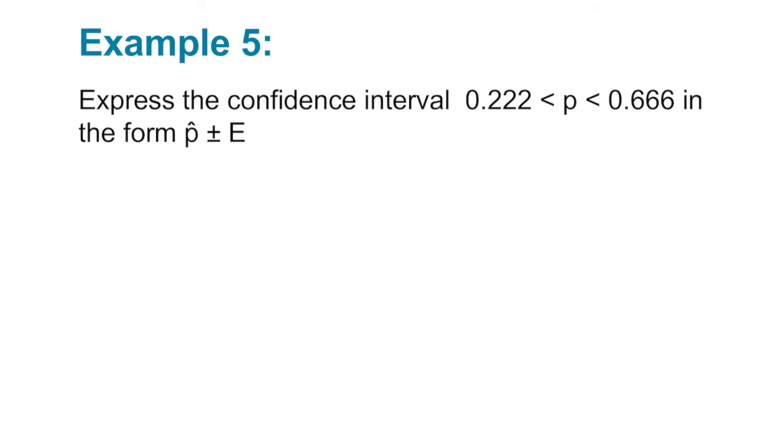They want me to put it in the form P hat plus or minus E. So I need to find P hat and I also need to find E. So P hat equals upper limit plus lower limit divided by 2.